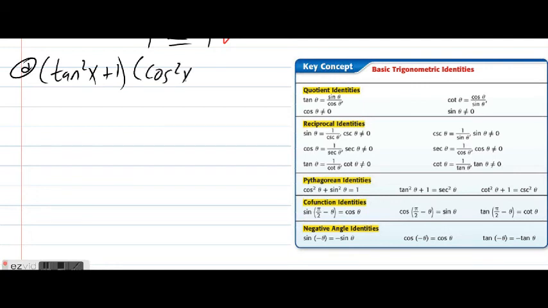Times cosine squared of x minus 1. We want to show that it's equal to negative tangent squared of x. You give it a try. Hit pause. And the hint I'll give you, you have a binomial times a binomial. Alright, hit pause, you do it.